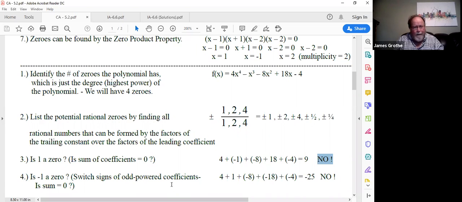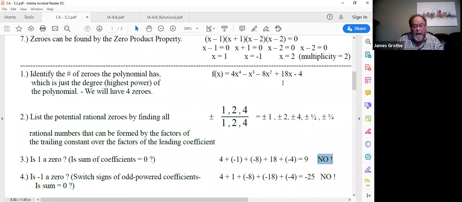What about negative 1? For negative 1, again, we switch the signs of the odd power coefficients and ask ourselves, is the sum 0? Well, I have positive 4, that's x to the 4th, an even power, so 4 will stay the same. Negative 1x to the 3rd, so I'm going to switch that negative 1 to a positive 1. Minus 8x squared, even power, so that stays a minus 8.